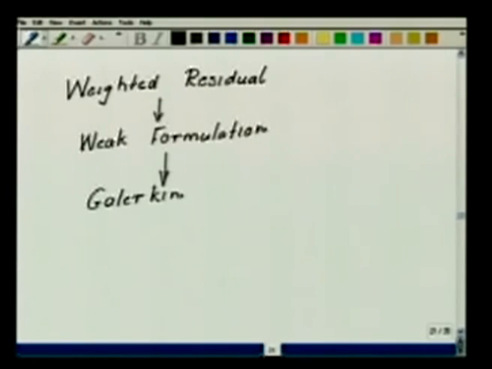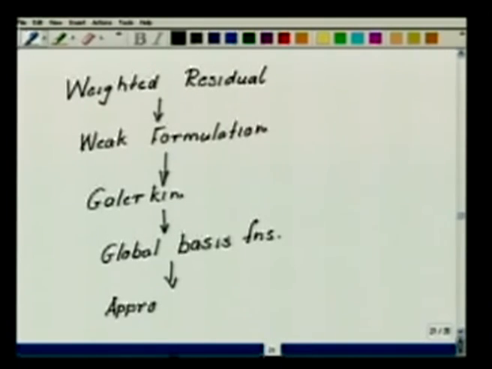And for this Galerkin form, we introduced these global basis functions, which were piecewise linears. And in terms of these global basis functions, we defined the approximation. Then we said how to obtain the equations, the requisite number of equations to obtain the coefficients which are sitting in the approximation.